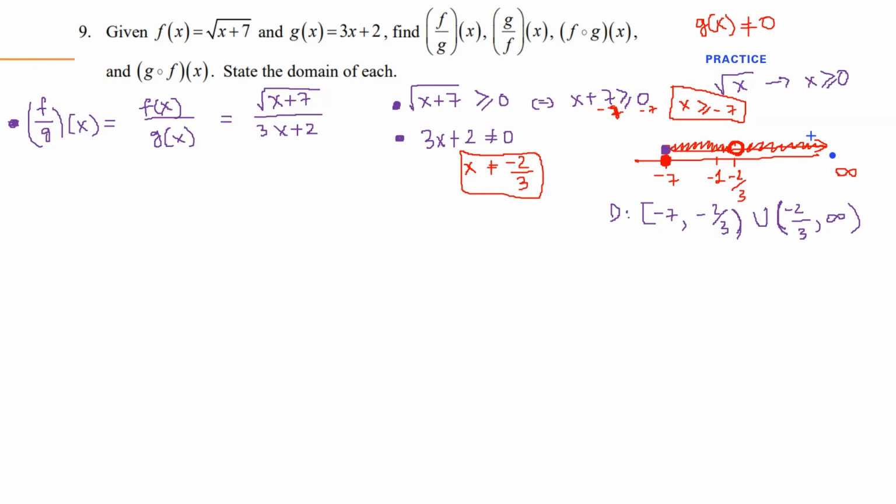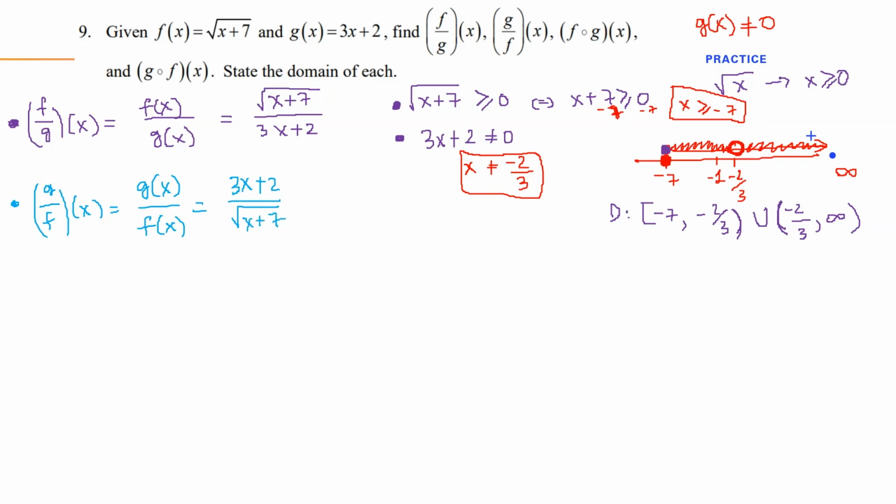Now the next one will be g over f. G over f of x will be g of x divided by f of x. G of x is 3x plus 2. F of x is the square root of x plus 7.